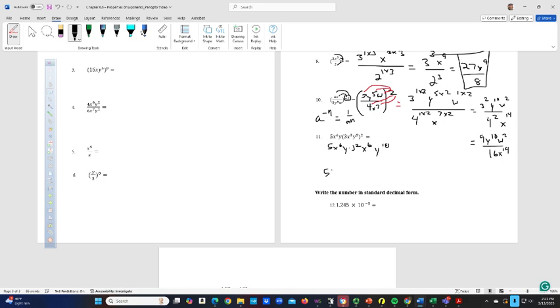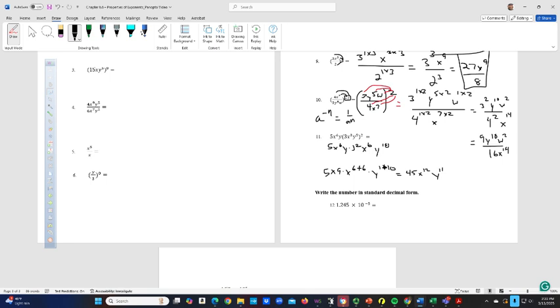So 5 times 9, because 3 times 3 is going to give me 9, and then times x to the 6 plus 6, times y to the 1 plus 10. Plus 10, not times 10. So we get a grand total or finished product of 45 x to the 12th, y to the 11th. And we will be done with that one.